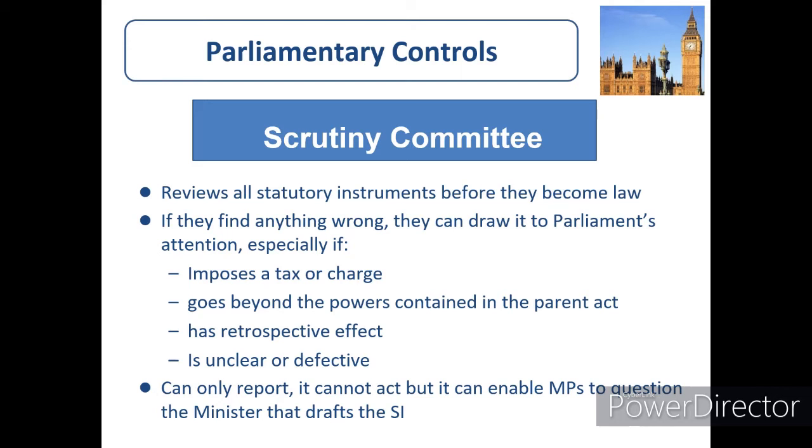But all it can do is report it to Parliament, so draw it to Parliament's attention. And that can lead to a minister being questioned about the statutory instrument. But the scrutiny committee can't annul these instruments and can't amend them at all. All they can do is report a problem. It would actually be up to Parliament to address any of these problems.